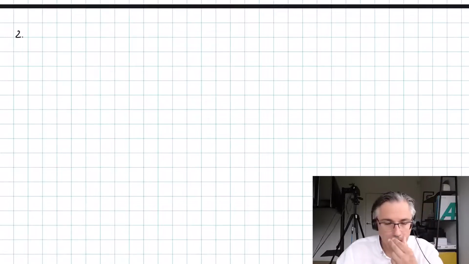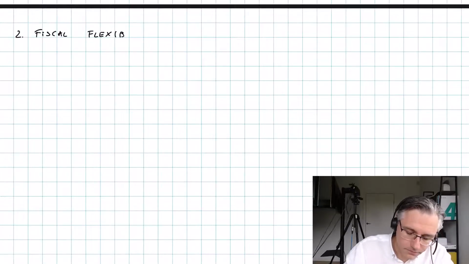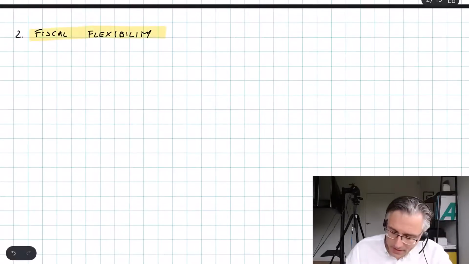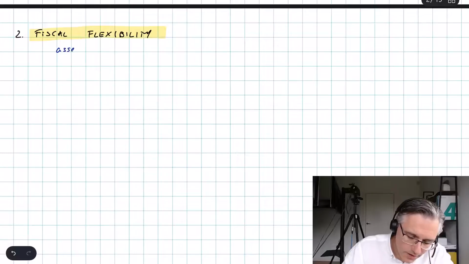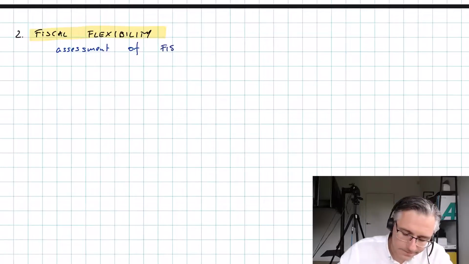qualitative factor. Now the next one is going to be called fiscal flexibility. This is an assessment of that country's fiscal discipline.